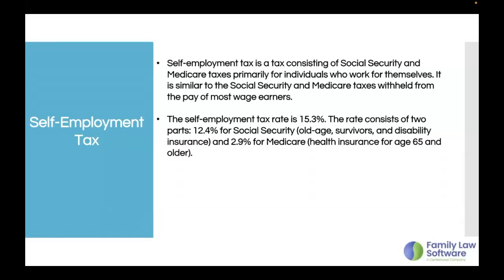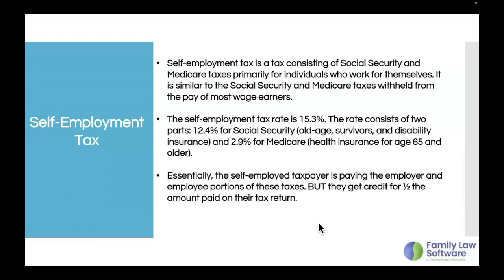So how much is the self-employment tax? It's kind of high. It's 15.3%. Why? It's a mix of Social Security and Medicare, and it's high because that self-employed person is paying taxes as though they are the employer and the employee. So if you've ever wondered why it's so high, it's because you're paying the taxes that your employer would normally take care of versus what you as an employee pay.